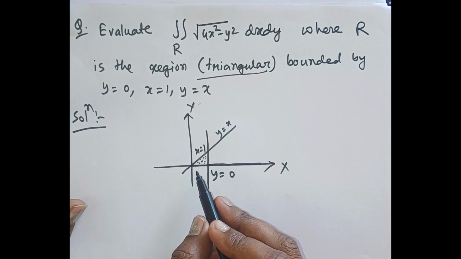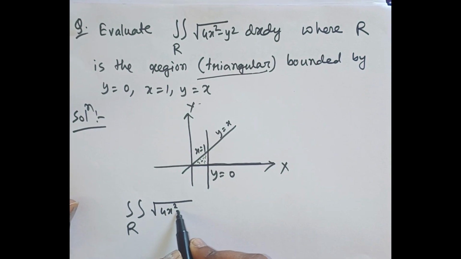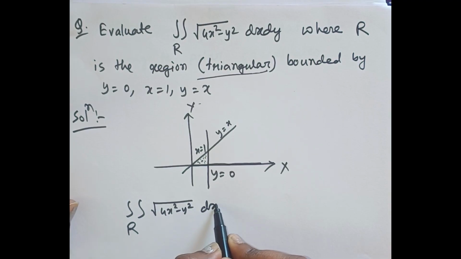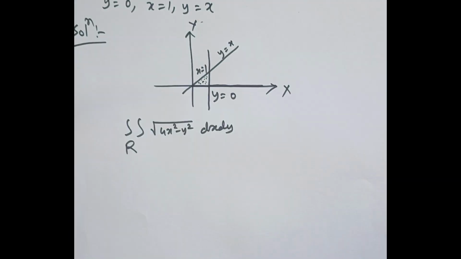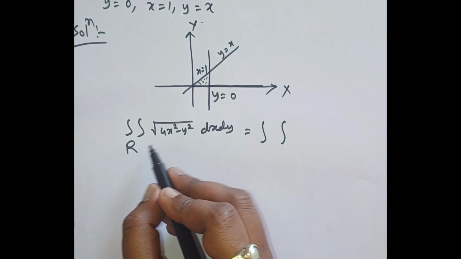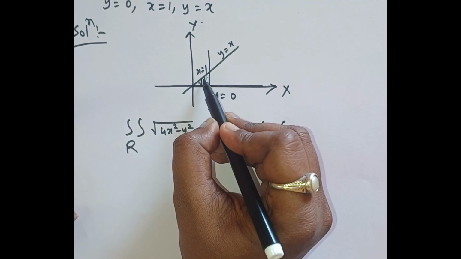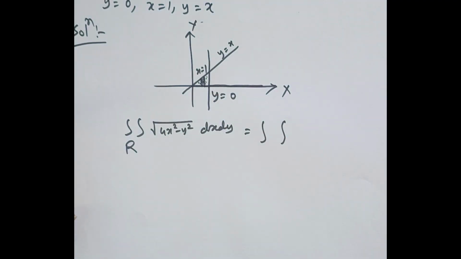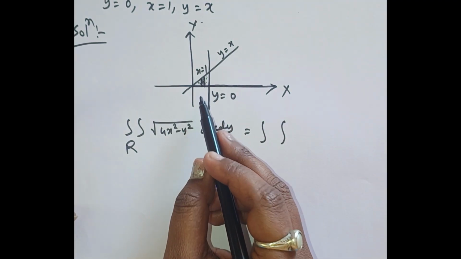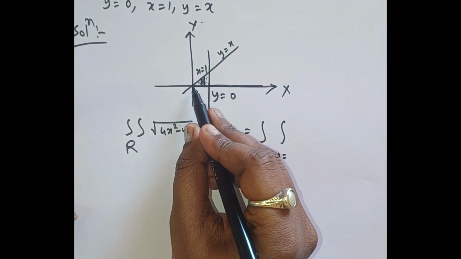So again we have to calculate double integration square root of 4x square minus y square dx dy. So only thing left is to find the limits of this region. The simpler way is to take a vertical strip which is movable from one end to another end. So we know that the lower curve will be the lower limit of y.